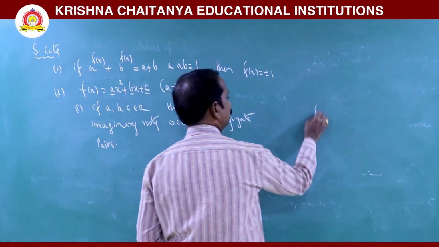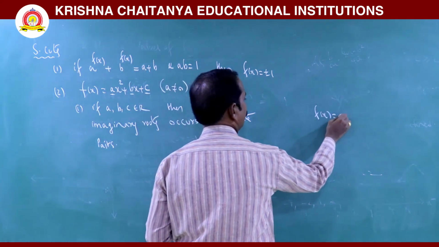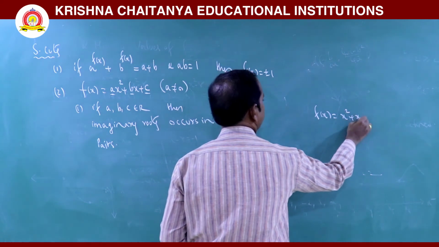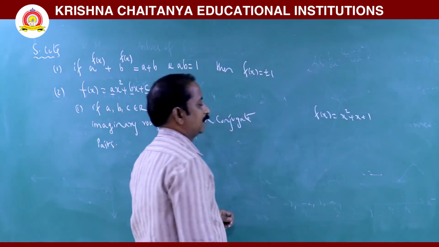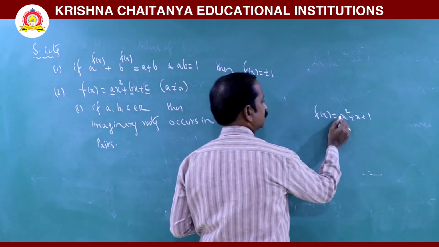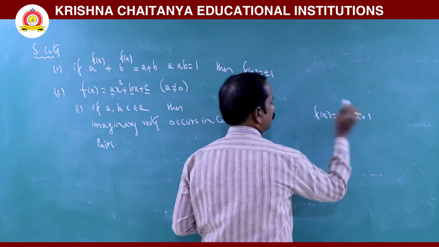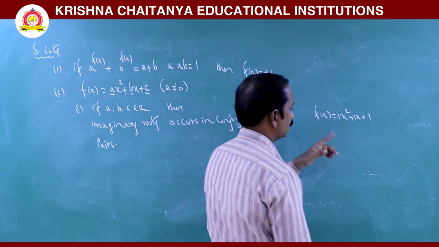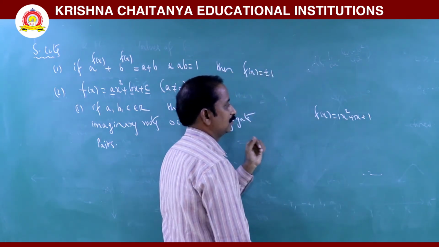Consider a polynomial f of x, where f of x is equal to x square plus x plus 1. Observe the coefficients 1, 1, 1. So 1 is a real number, no doubt.